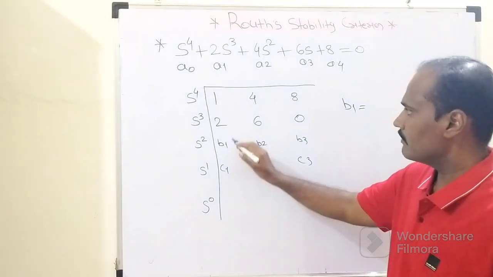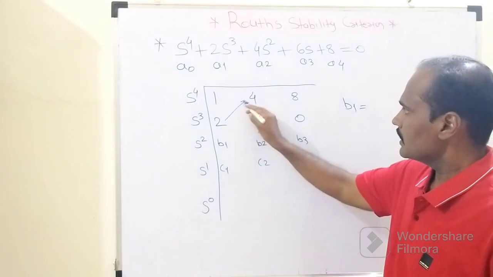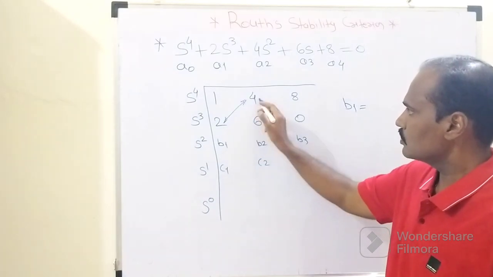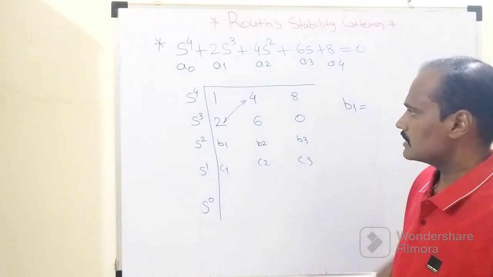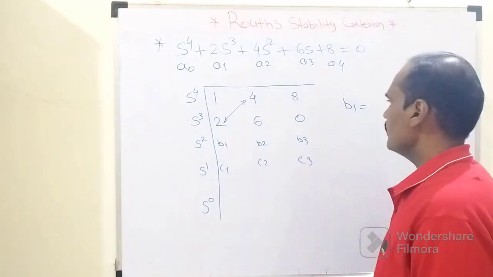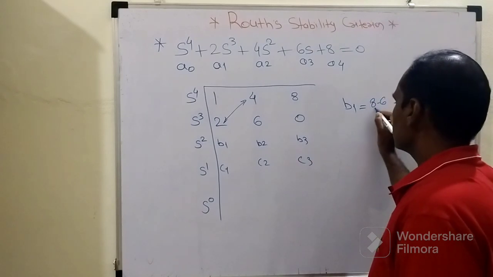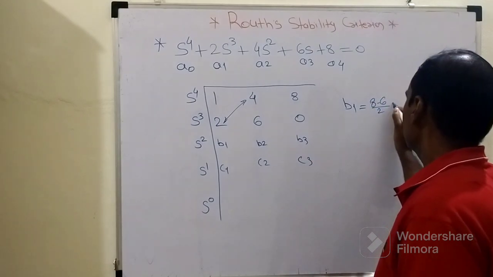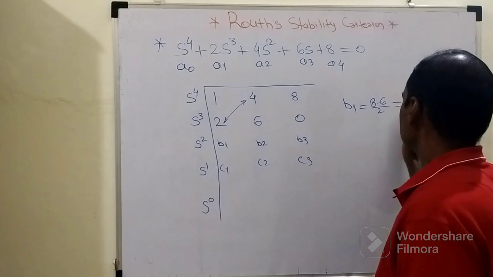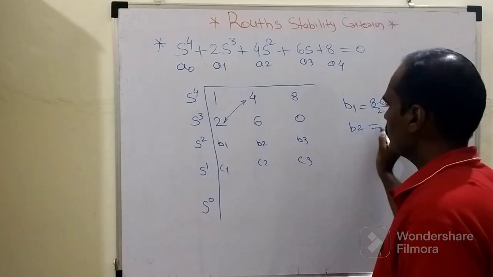So to decide this B1, this cross multiplication is to be done. 2 4s are 8, minus 1 6 are 6, divided by 2. So B1 equals 8 minus 6 divided by 2, so B1 equals 1. Similarly, B2 equals what here?